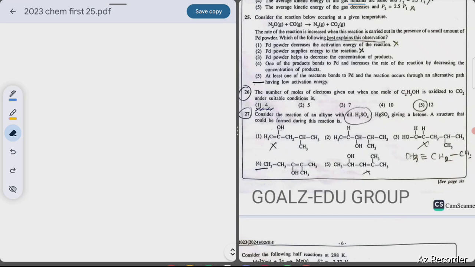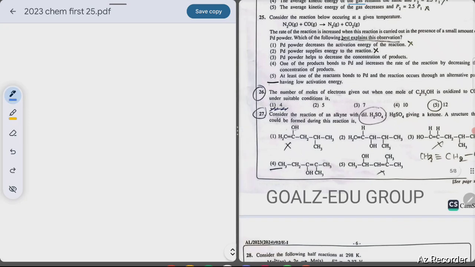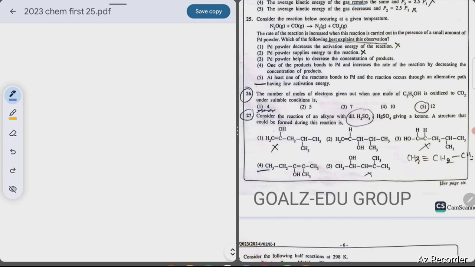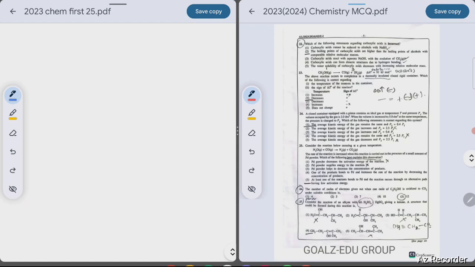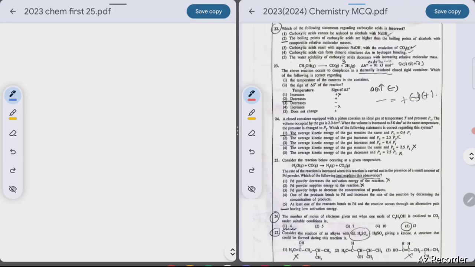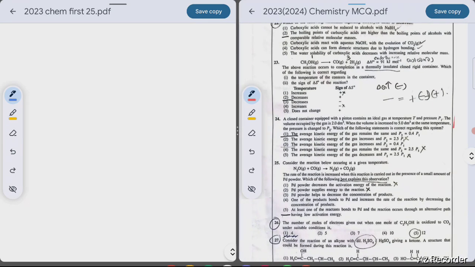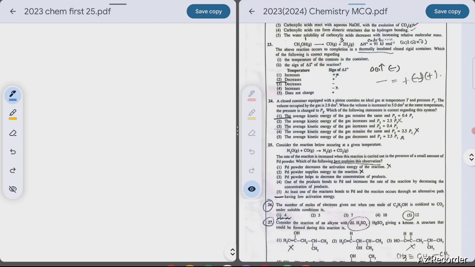Twenty-sixth question. The number of moles of electrons given out when 1 mole of C2H5OH is oxidized to carbon dioxide under suitable conditions. Right. 26th question.